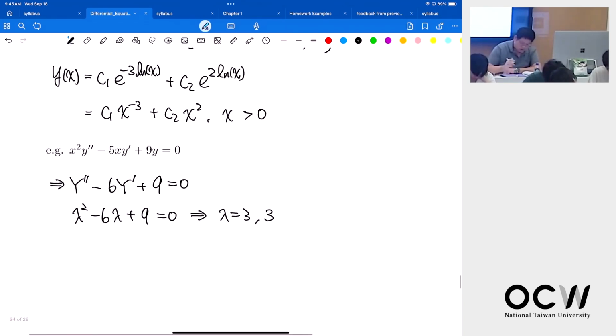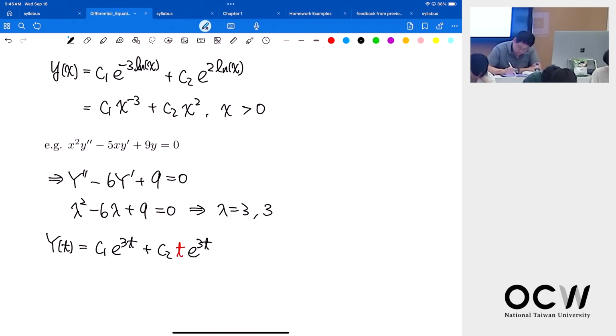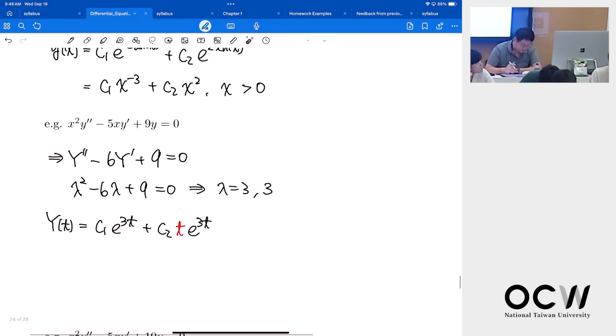So your solution Y of t is c1 e to the 3t, and since you have repeated roots, the second solution is c2 t times the exponential. We have already checked that these two solutions are linearly independent, so they can form a fundamental set of solutions.